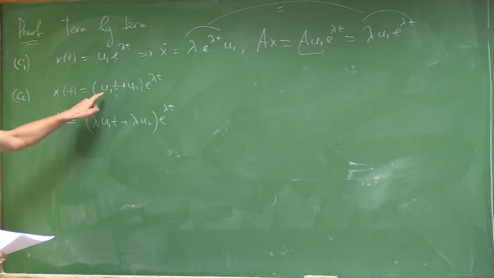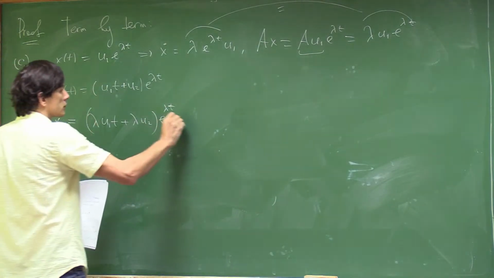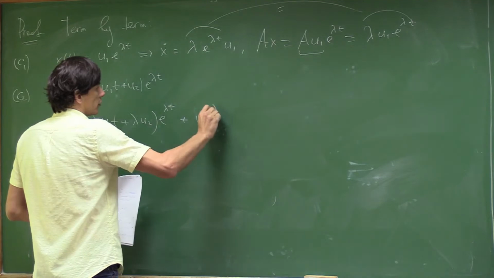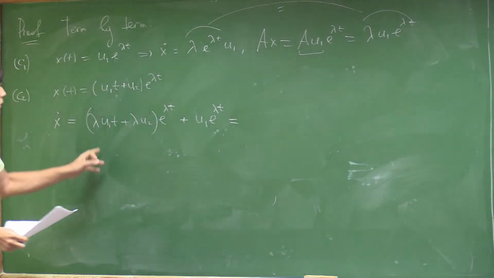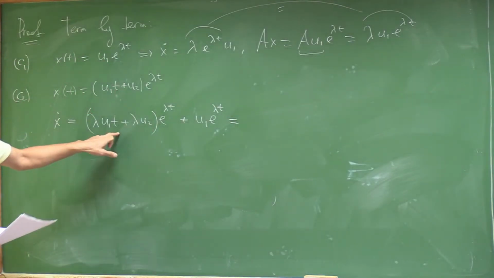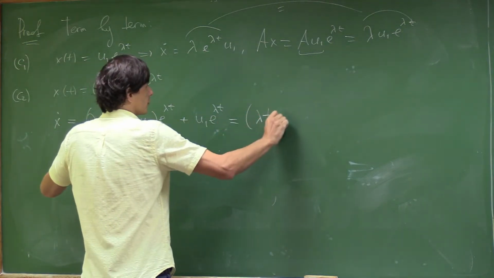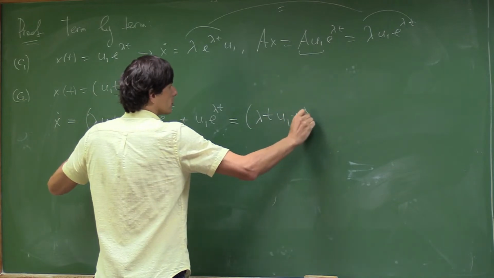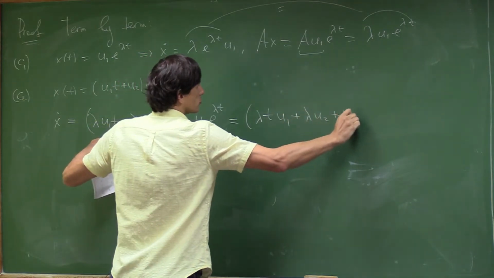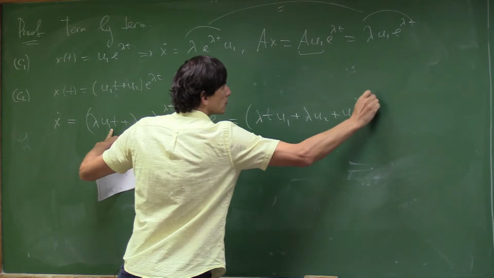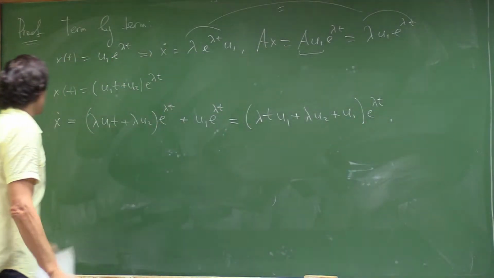Taking the derivative of the second gives you plus u1, all times e to the lambda t. Then let's put it all inside: lambda t u1 plus lambda u2 plus u1.